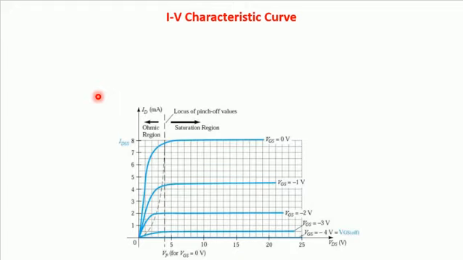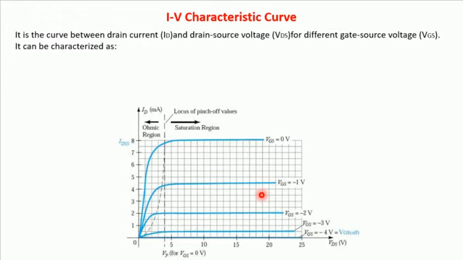It is the curve between the drain current and the drain source voltage, so in this curve we can understand the relation between these two quantities. How the VGS voltage will affect the VDS and the ID current is what we are going to understand in this session.